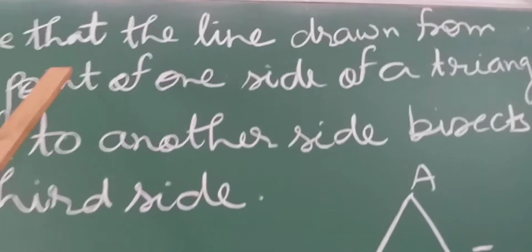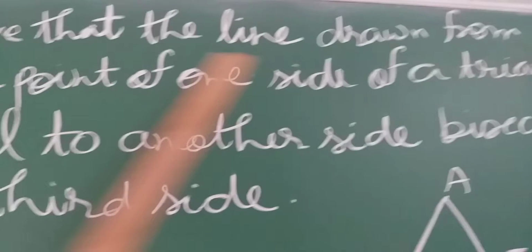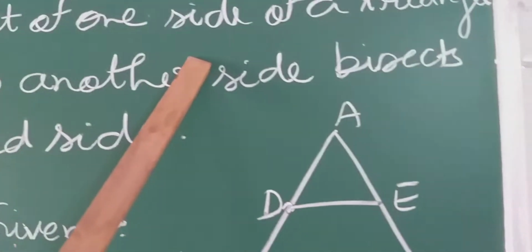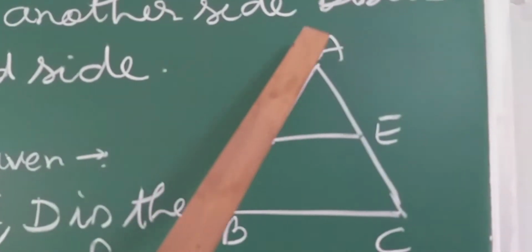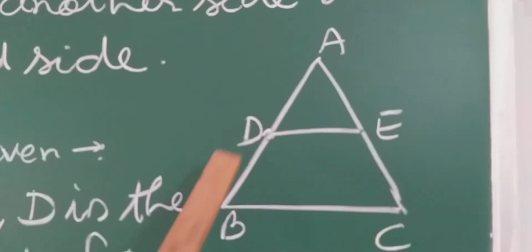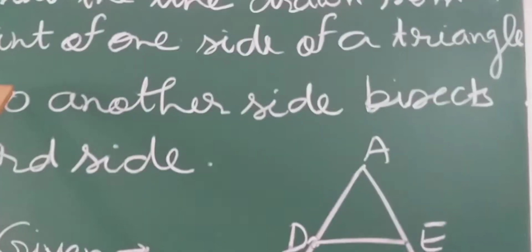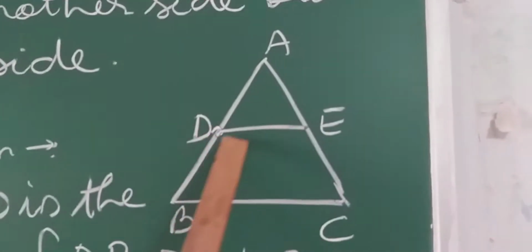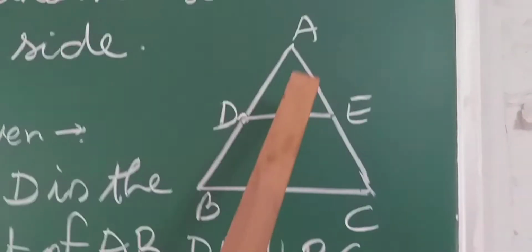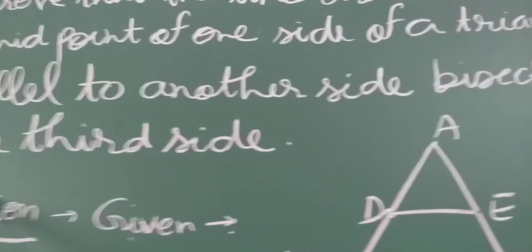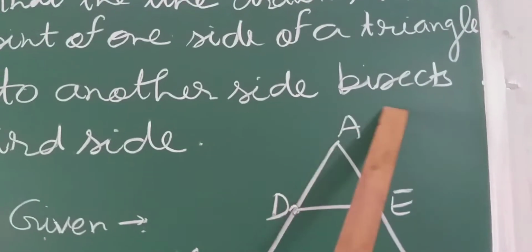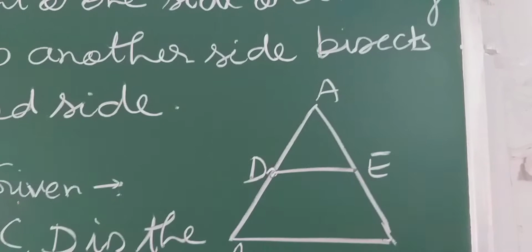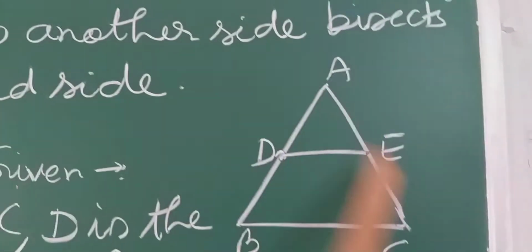You can see, students, the line drawn from the midpoint of one side. That's why I have taken D is the midpoint of AB. A line drawn parallel to another side. That's why DE is parallel to BC. Bisect the third side means we have to prove E is the midpoint, means E bisects AC.